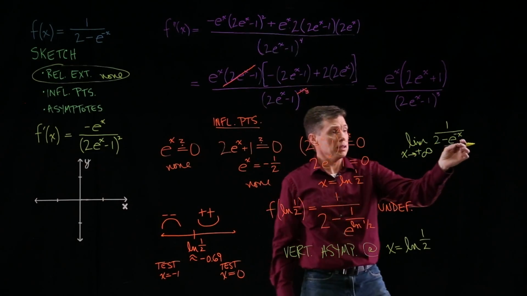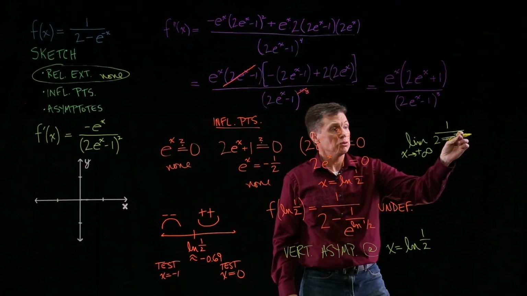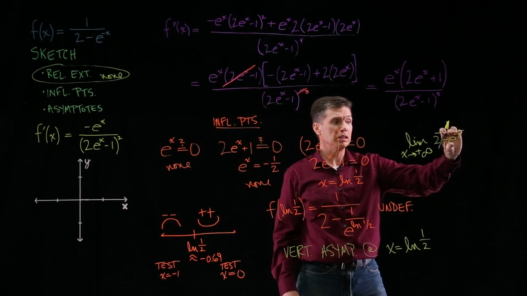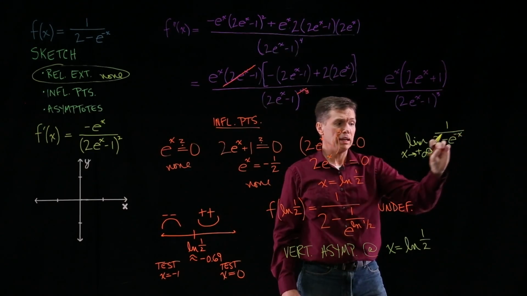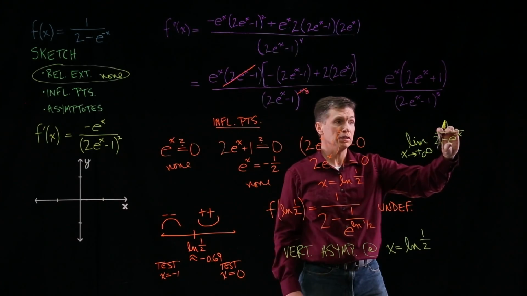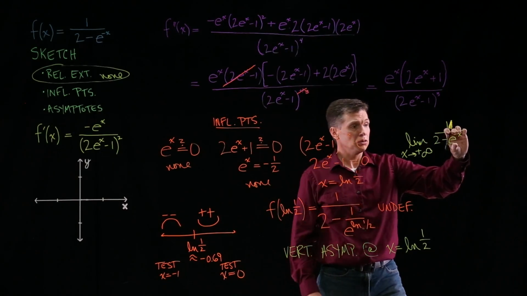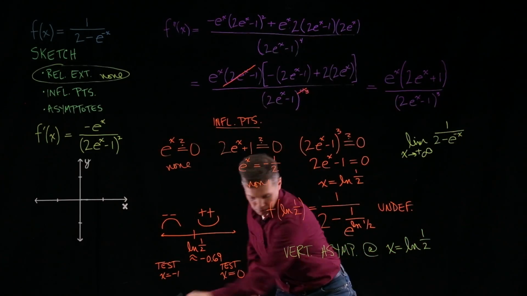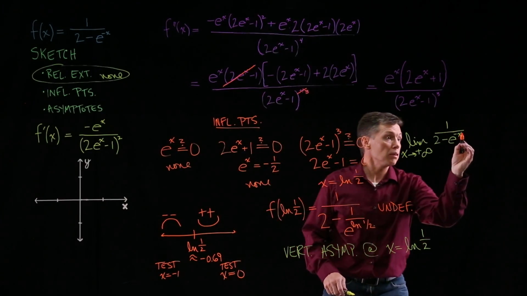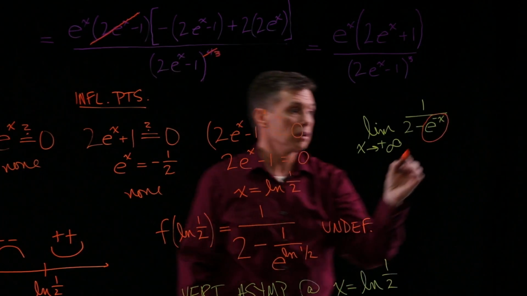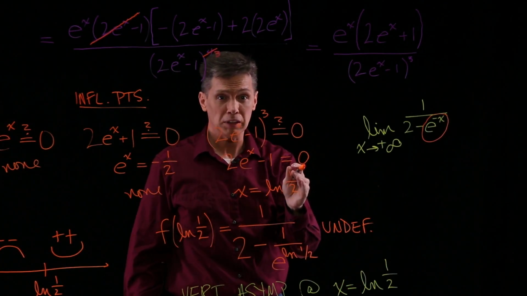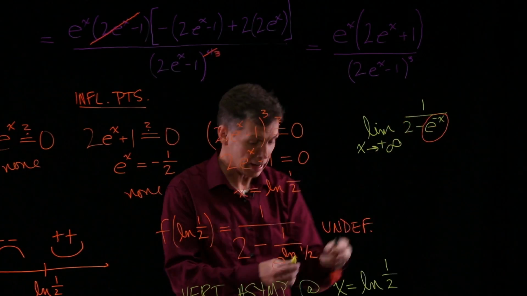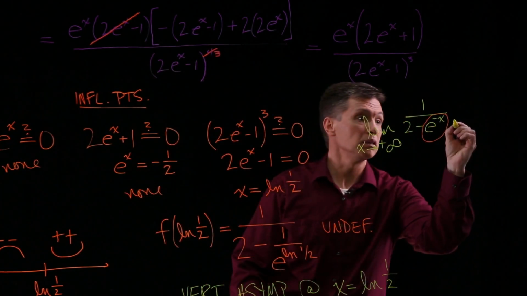But if I think through this, e raised to a negative power, imagine that's like a little tiny fraction, 1 over e to the x. As x goes to infinity, e to the x goes to infinity. So this part of it is like 1 over infinity. In other words, 0, right? So 1/2 is my answer here.